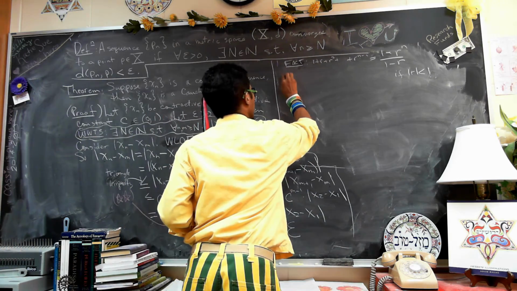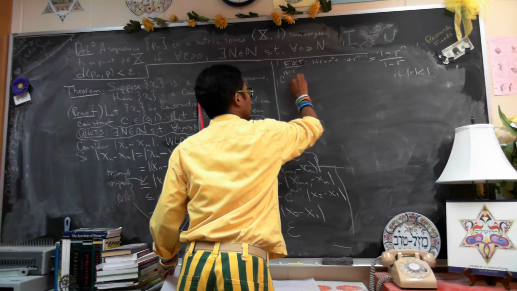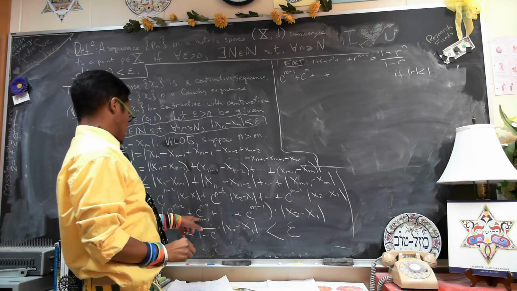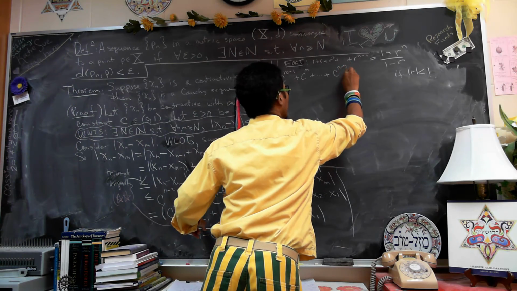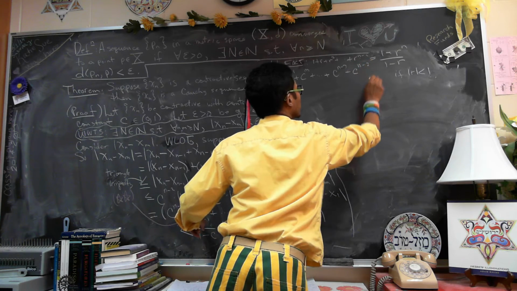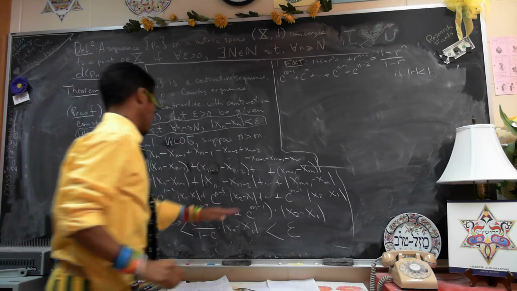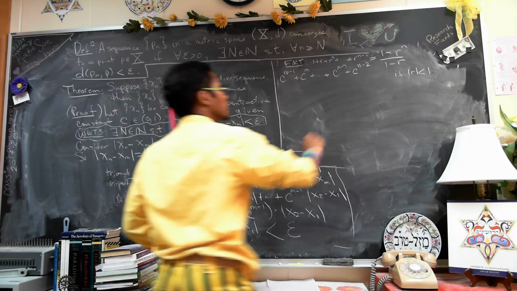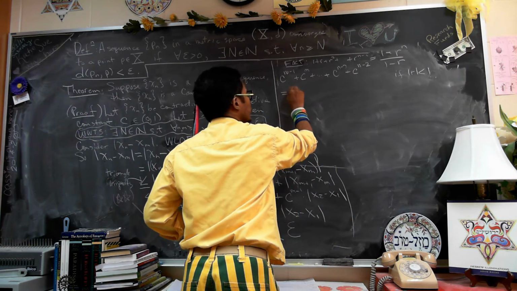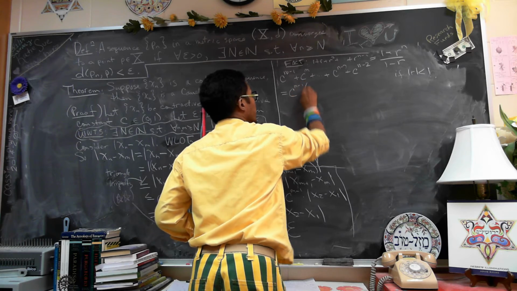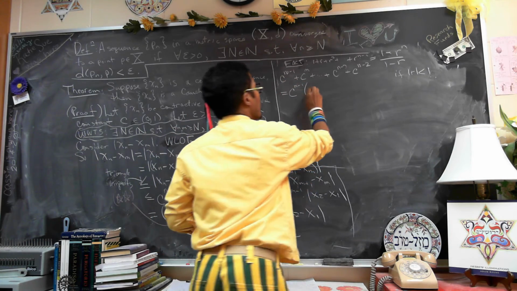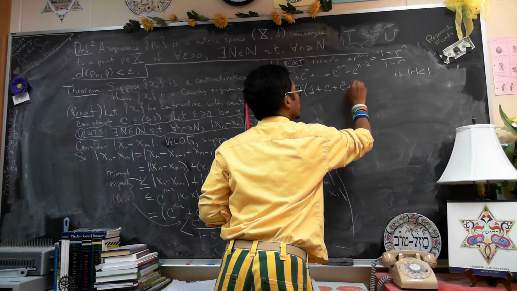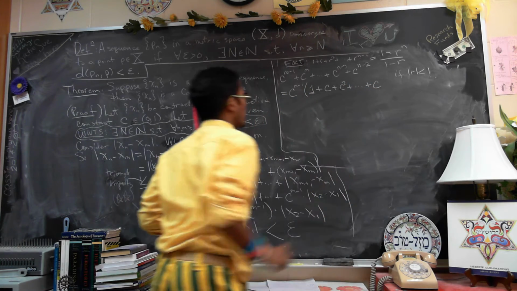So we have c to the m minus 1 plus c to the m plus dot dot dot plus c to the n minus 3 plus c to the n minus 2, that whole thing is equal to c to the m minus 1 times 1 plus c plus c squared plus dot dot dot plus c to the what power is left?